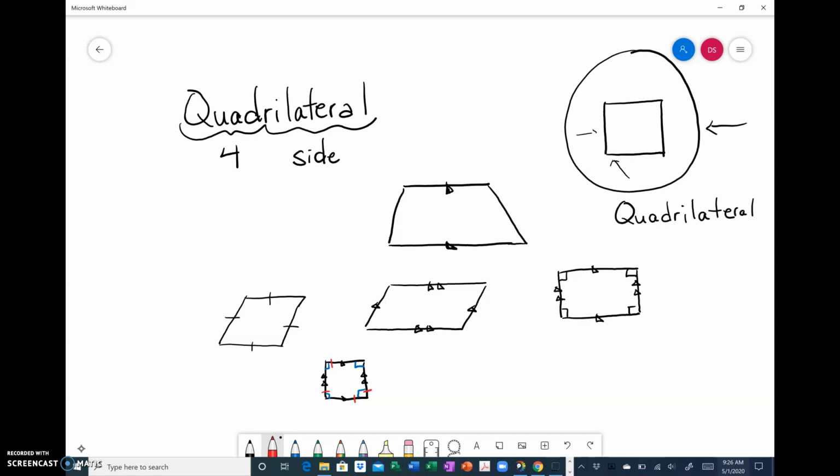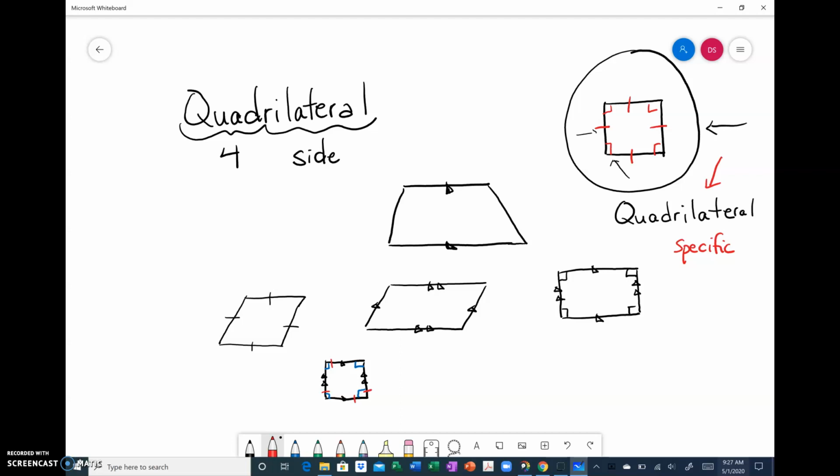However, if you were given all of these signs, you were shown that the sides were equilateral, and you were shown that they had right angles in all the corners, and then you called it a quadrilateral, you would be wrong. Not because it isn't a quadrilateral, but because when you're asked to classify, you have to give the most specific answer that you can.